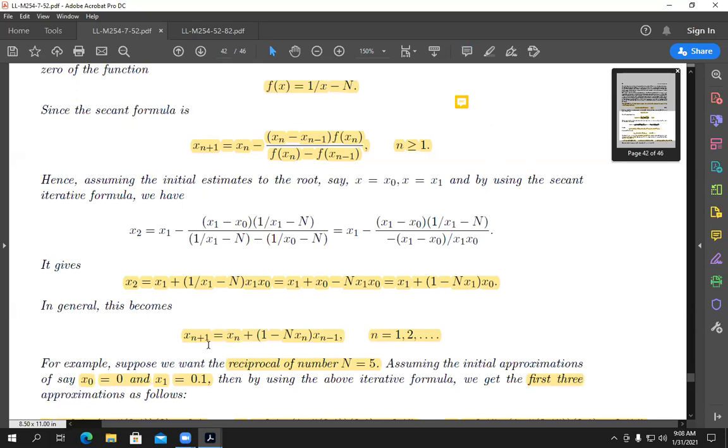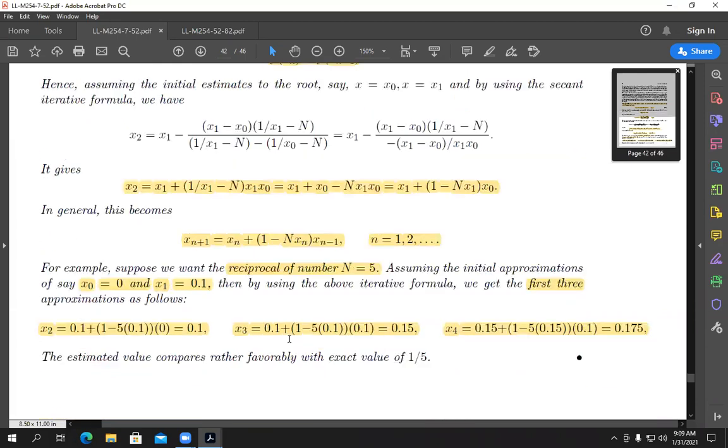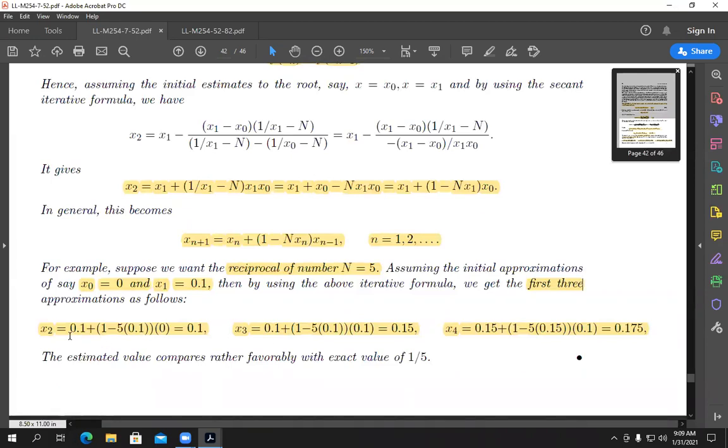So it means x2 equals x1 plus 1 minus n x1 into x0. x0 is given by the teacher, x1 is given by the teacher. And he says reciprocal of 5, and n is your what? 5. So you can use this formula. This gives you the first approximation, second approximation, and the third approximation.